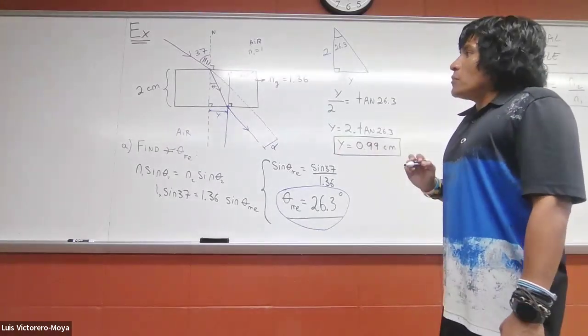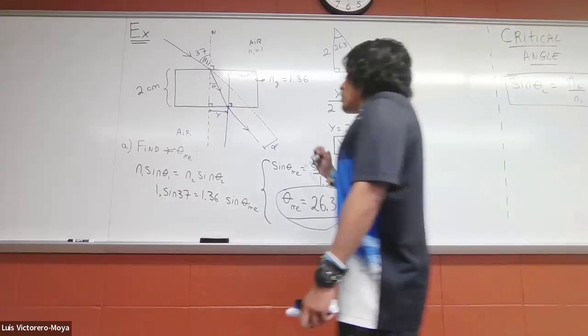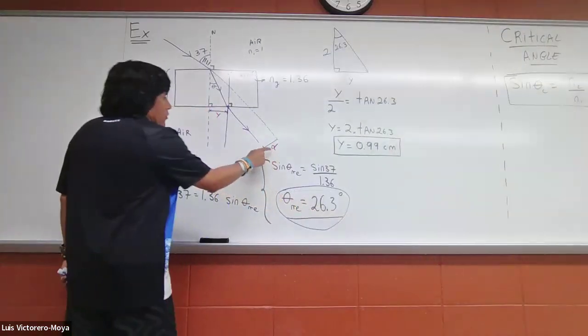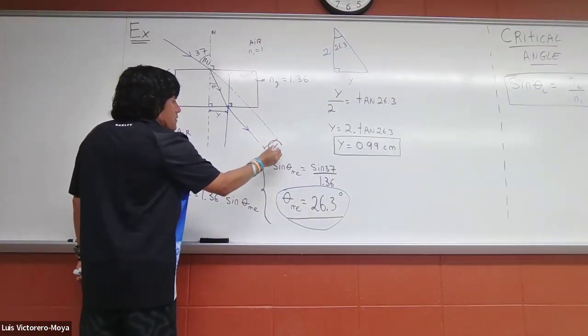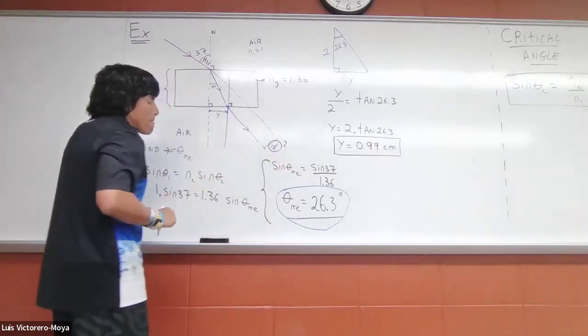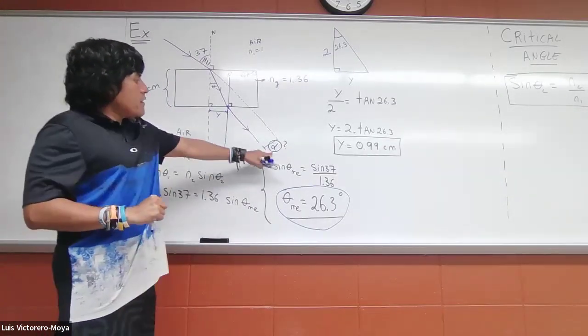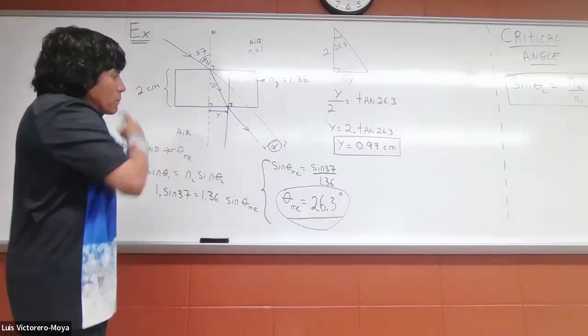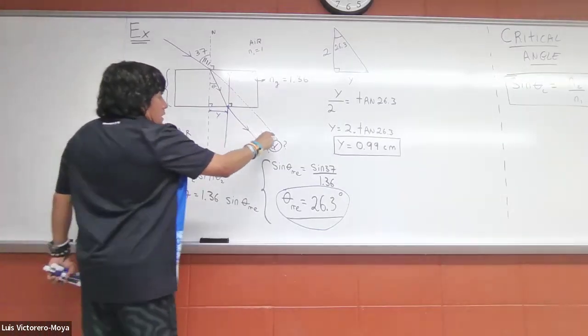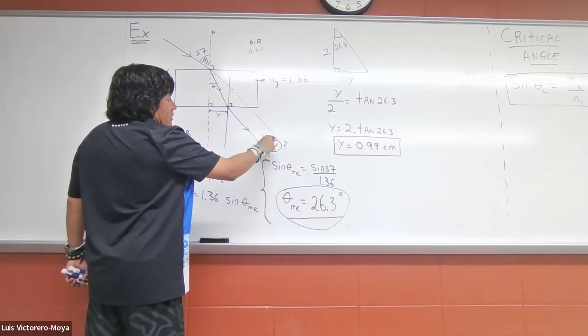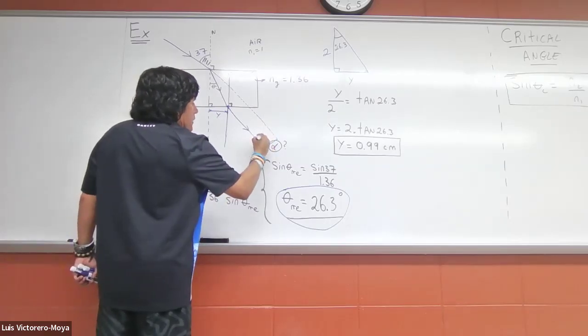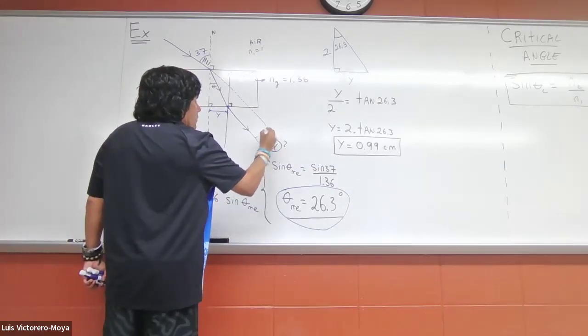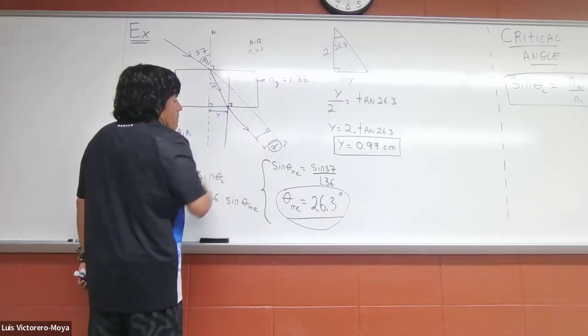So why is the problem asking you that? Because the next question is to find the value of d. We're going to find this value. To find this value, we are going to remember that the distance between two parallel lines is a line perpendicular to both. That's the distance d.